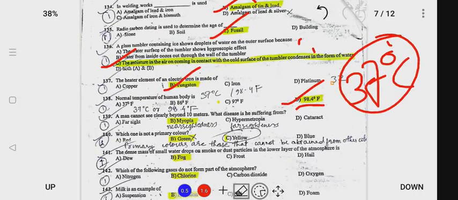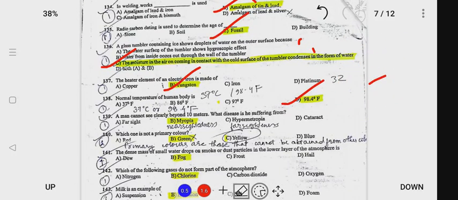Next, a man cannot see beyond 10 meters. What disease is he suffering from? Myopia. Myopia is when he can see only near objects but cannot see far objects. It is also known as nearsightedness.